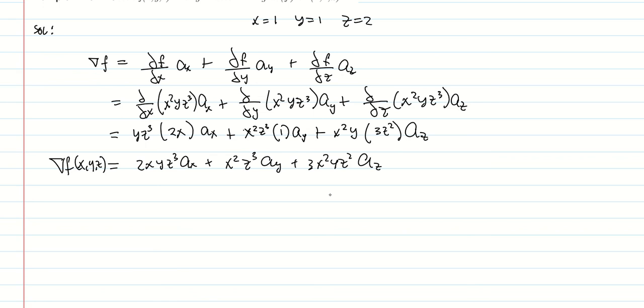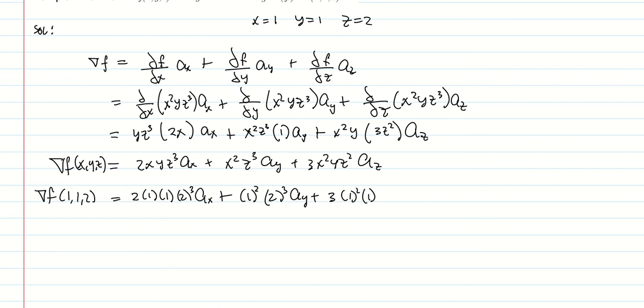So we just need to substitute this to determine the actual vector of the gradient. So the vector at (1, 1, 2) will be equal to 2 times x is 1, y is 1, z is 2, so 2 cubed in the x direction, plus 1 squared times z is 2 cubed in the y direction, plus 3 times 1 squared times 1 times 2 squared in the z direction.